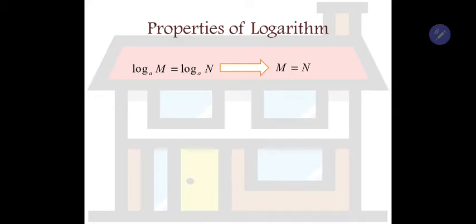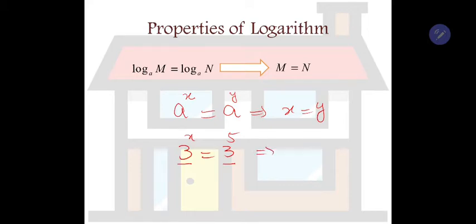When we were discussing the properties of exponential functions, we discussed that if the bases of two numbers are the same, then their powers should be the same. In other words, if we have 3 to the power x equals 3 to the power 5, as you can see, the bases of these exponents are the same, so the powers should be the same.